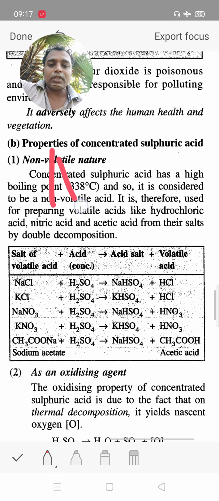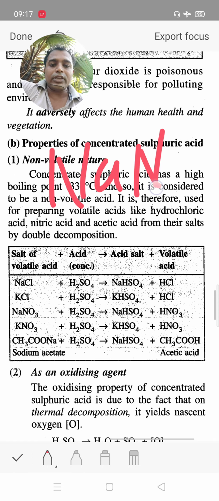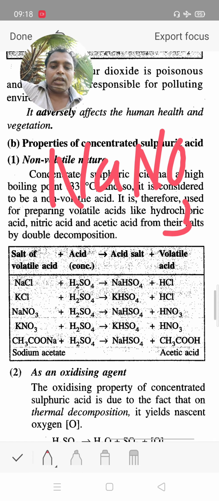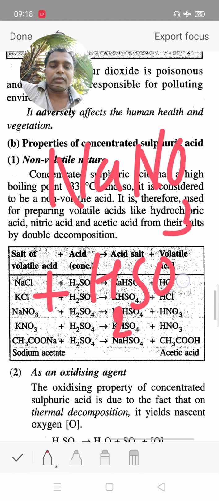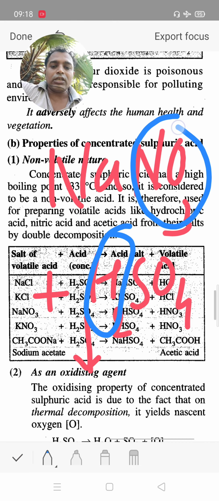Next, NaNO3, sodium nitrate, reacts with sulfuric acid. Sulfuric acid has two hydrogens; one hydrogen combines with NO3, then it gives nitric acid.